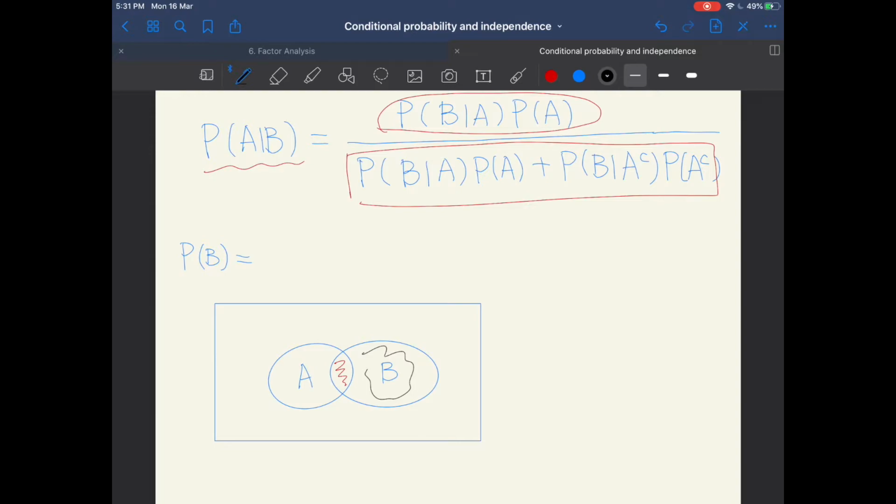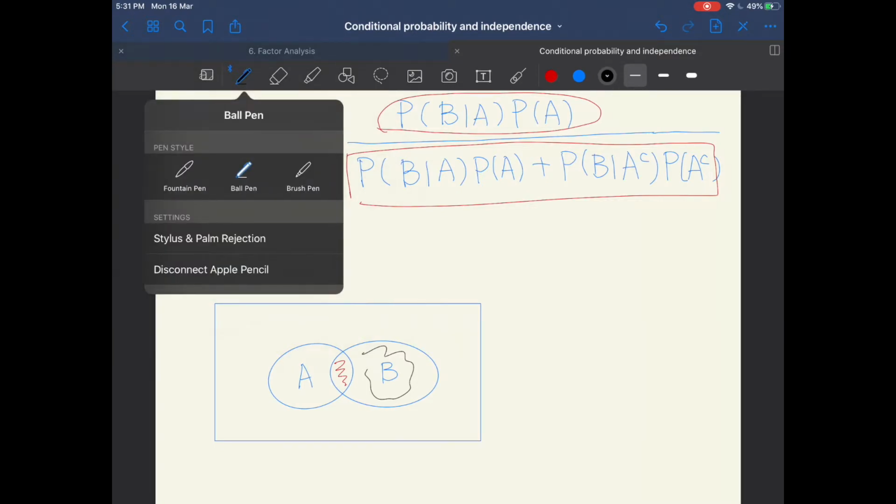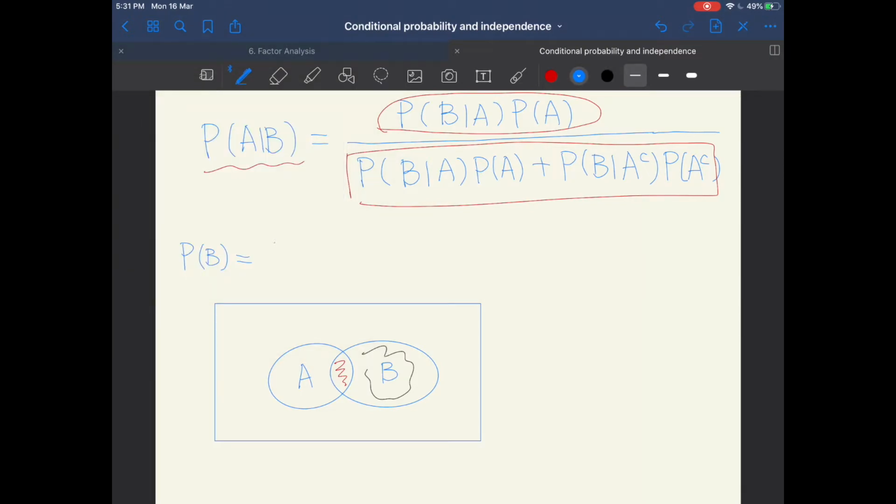So how do you express the red area? The red area is actually exactly P of A intersect B, correct? And the black area is A complement intersect B.